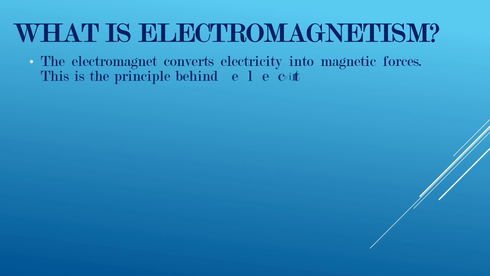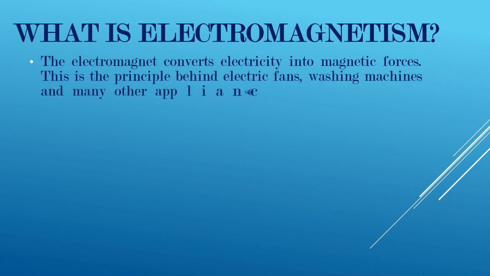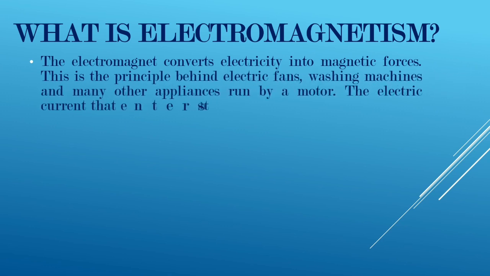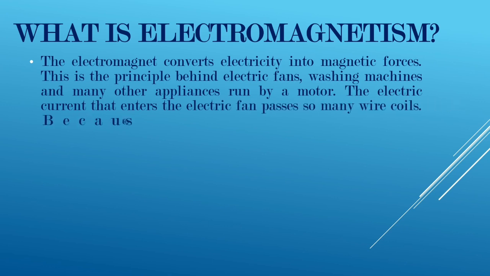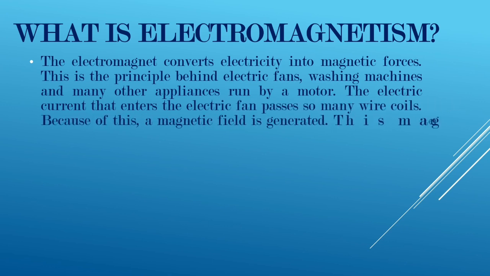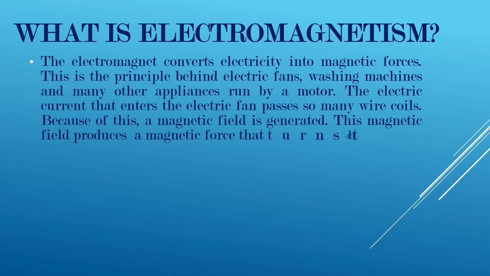The electromagnet converts electricity into magnetic forces. This is the principle behind electric fans, washing machines, and many other appliances run by a motor. The electric current that enters the electric fan passes through so many wire coils.